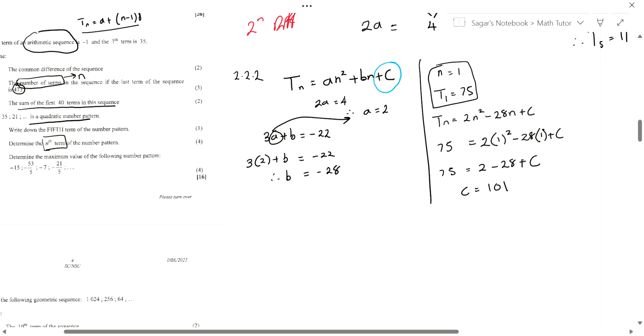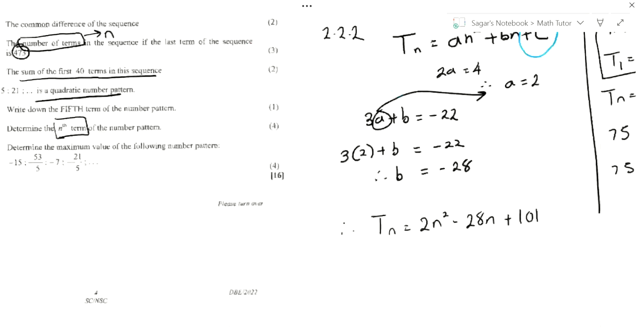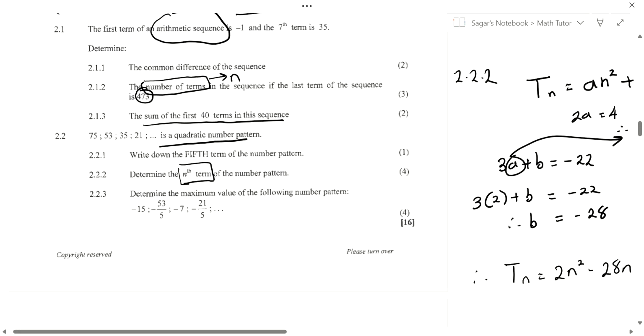And now we can write the final nth term, which is equal to 2n squared minus 28n plus 101. Now we're getting to the beautiful questions, right? Determine the maximum value of the following number pattern.